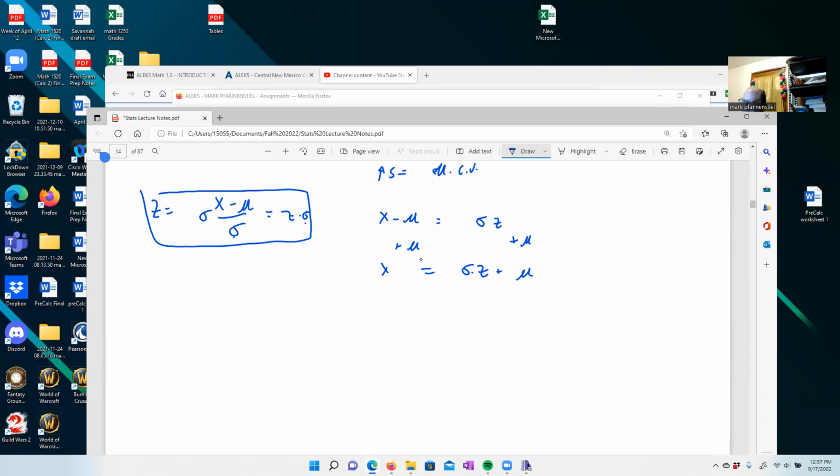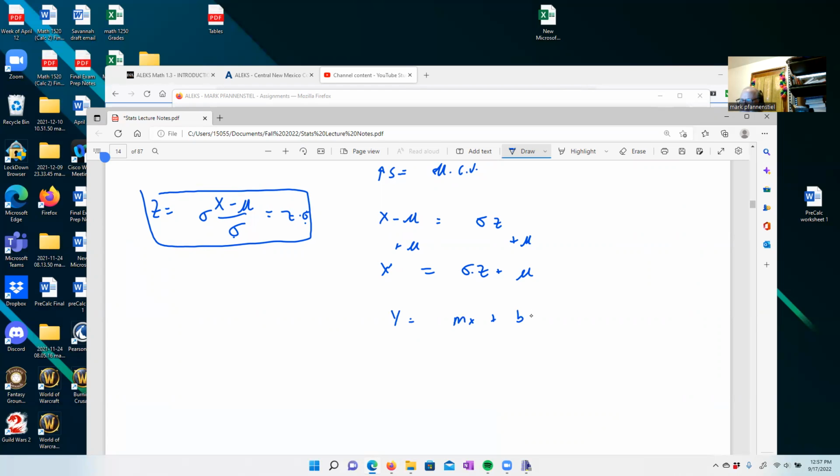Because we're face to face, I would ask you, have you ever seen a formula that has the rhythm of x equals sigma z plus mu? A lot of times students say no, they've never heard that before. I'm like, well, what about y equals mx plus b?